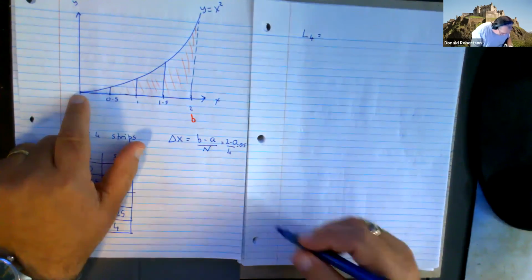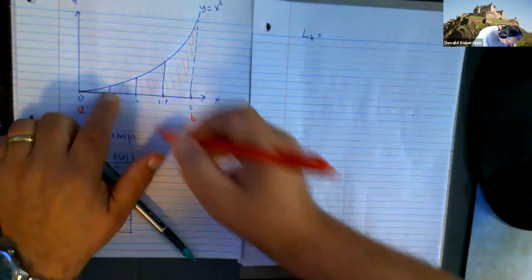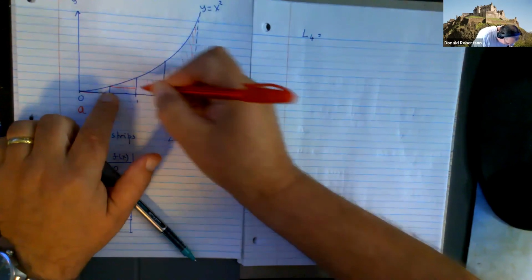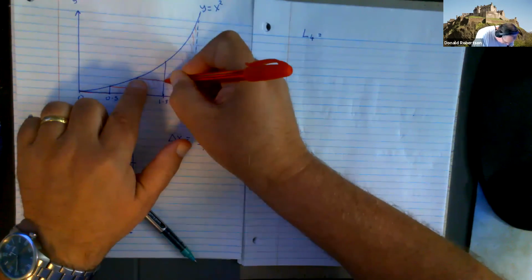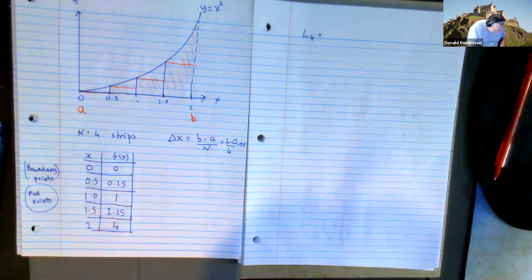Now, if you're doing L4, I've got my guy here. I use the left-hand side, so that's not going to work too well because isn't the first rectangle 0 high? Now, if you use the next one, it's going to be there. The next one, it's going to be there. And the next one, it's going to be there. What does that look like in my table?